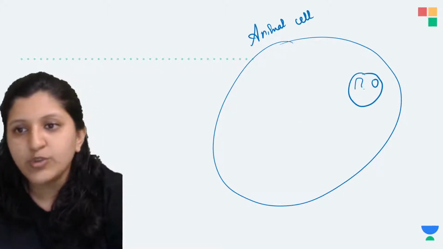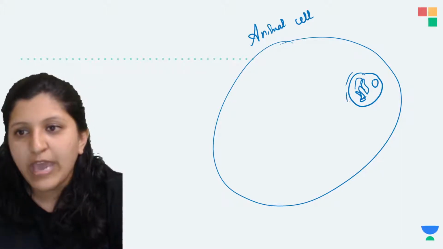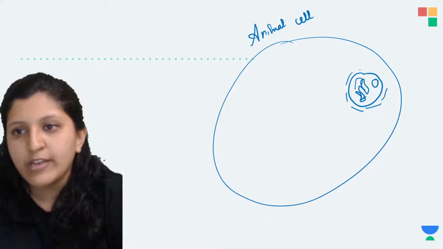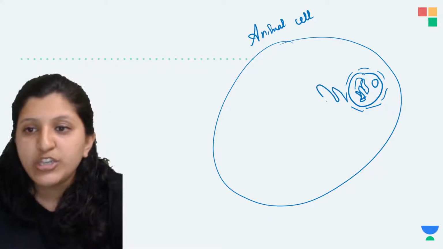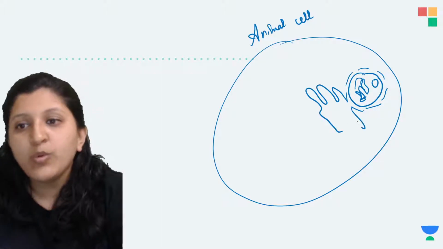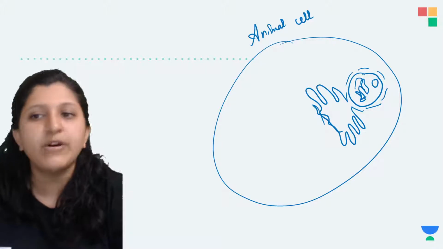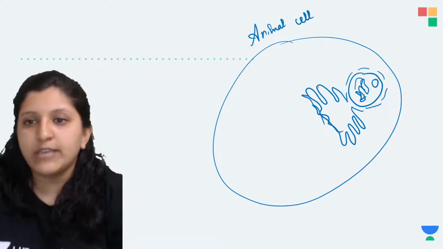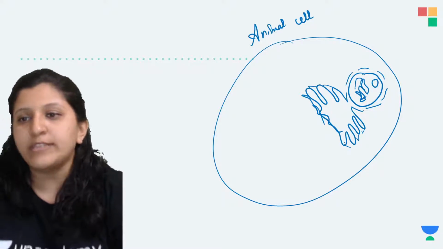The nucleolus is present, so its own genetic material is present. Then you can find the outer membrane, so there is an inner membrane and an outer membrane. In continuation, you can find the endoplasmic reticulum. This is the endoplasmic reticulum that can be found.